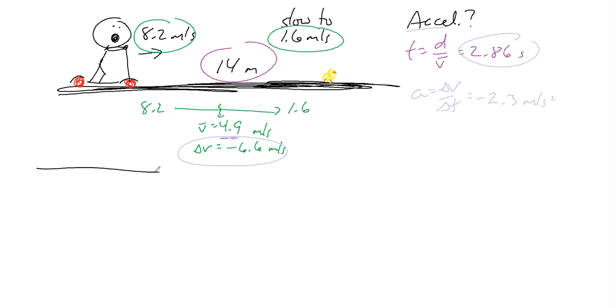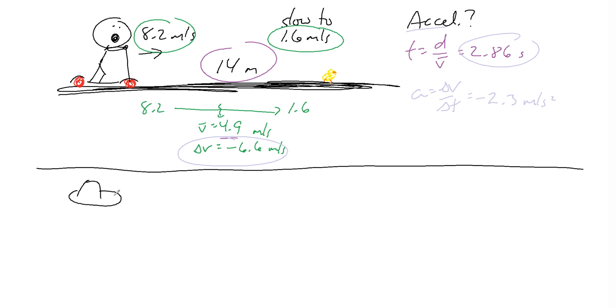Okay, let's try something else here. Okay, so suppose we have a, let's go with a little spaceship. Oh, that's just terrible. Let's try that again. All right, well, that's a little better. Okay, suppose we have a little spaceship going on, little alien buddies.